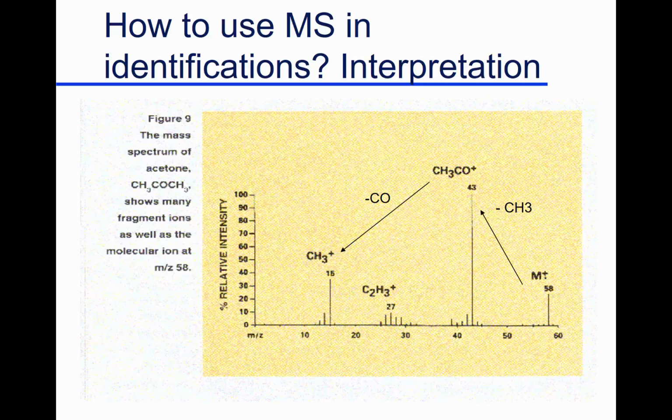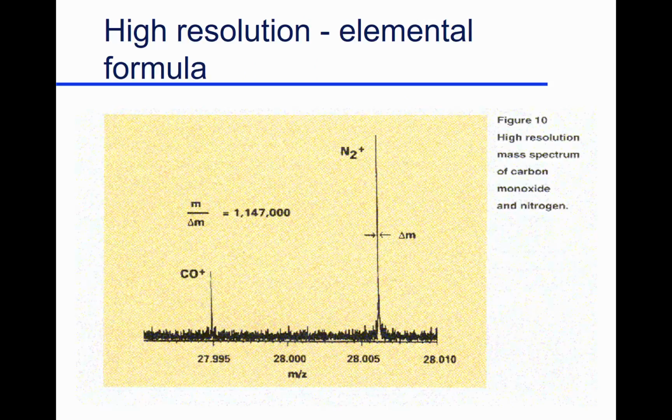If we look at losing the H3, we have a fragment here, 24, 27, that would be counted. And here's a methyl group that's given up from this ion here. So you find characteristic fragmentation patterns of each of these molecules. And like I say, with enough experience, you kind of put them together and understand them.